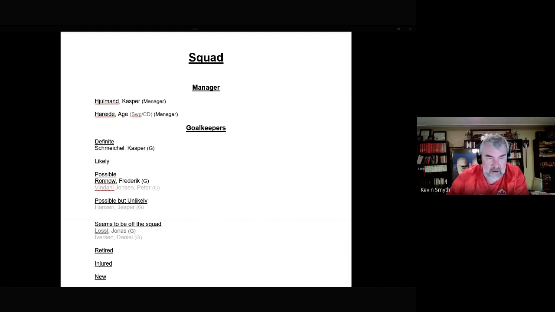So Kasper Schmeichel, his first tournament was the 2012 Euro Cup. He was on the roster, but he didn't see any action. Stefan Andersen was the starting goalkeeper there. But for the World Cup 2018, which was Denmark's next tournament, he started and finished all 4 games.